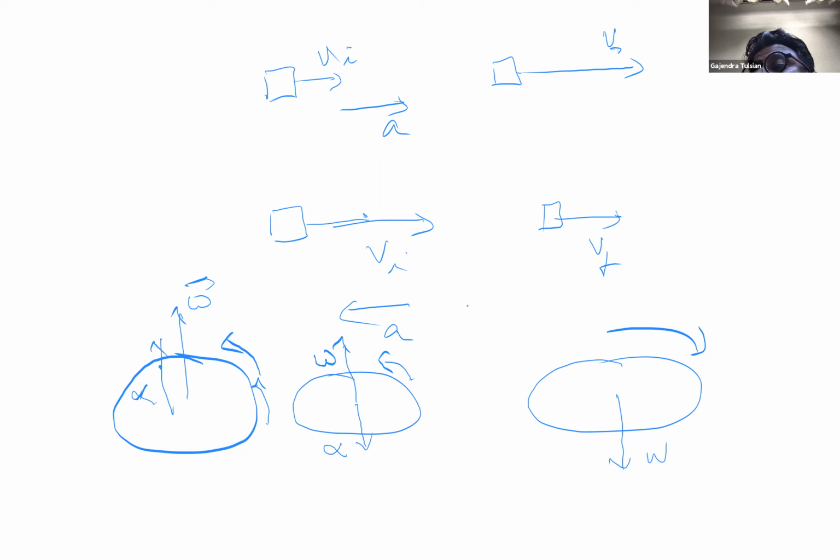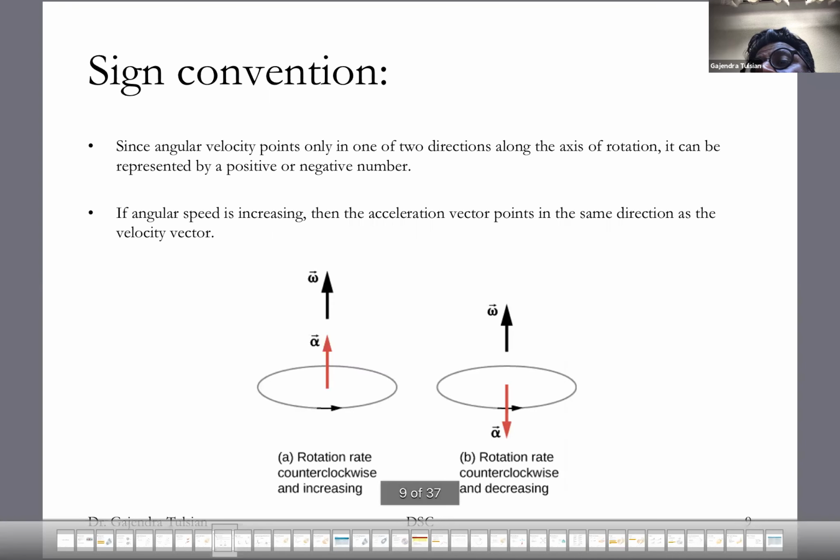So let me go to the slides. All right, there's the object that is rotating, and what is shown here is that the angular velocity and angular acceleration are pointing in the same direction. That means the rotational rate is increasing.